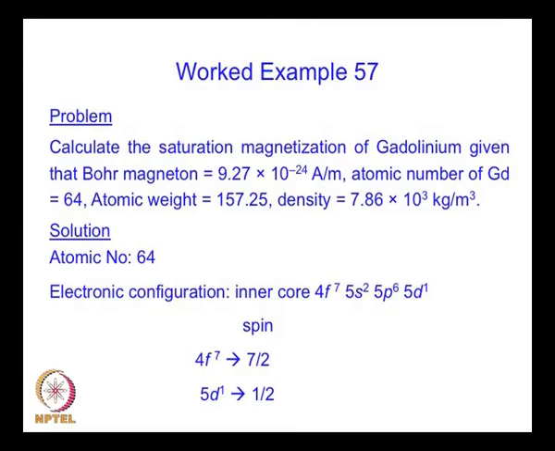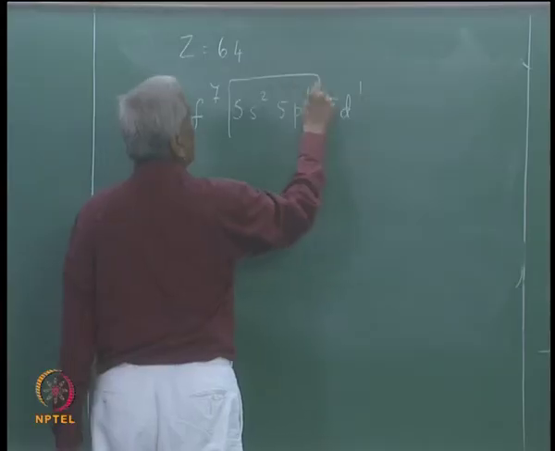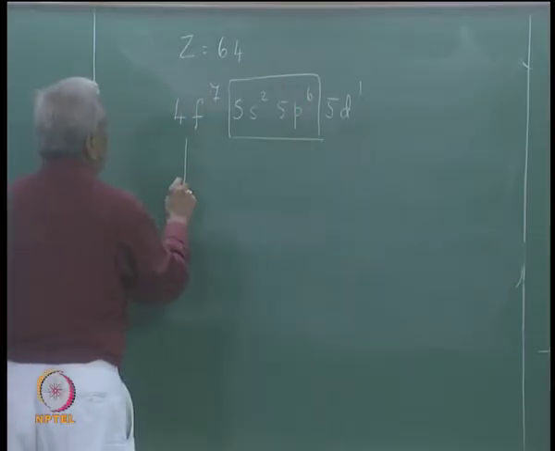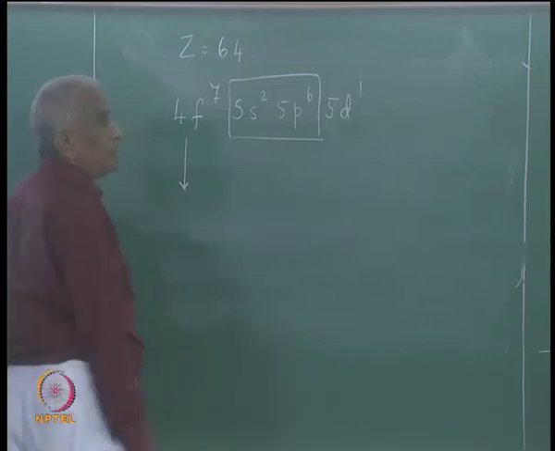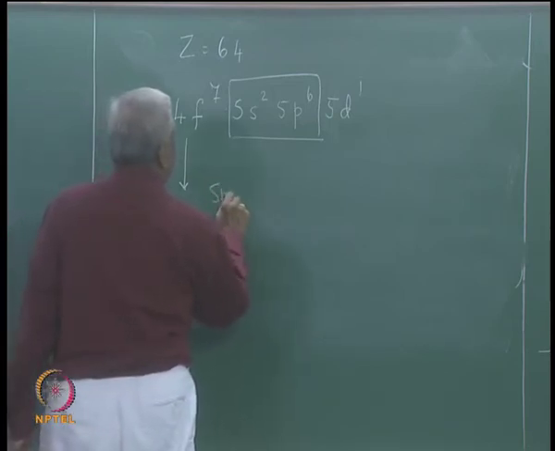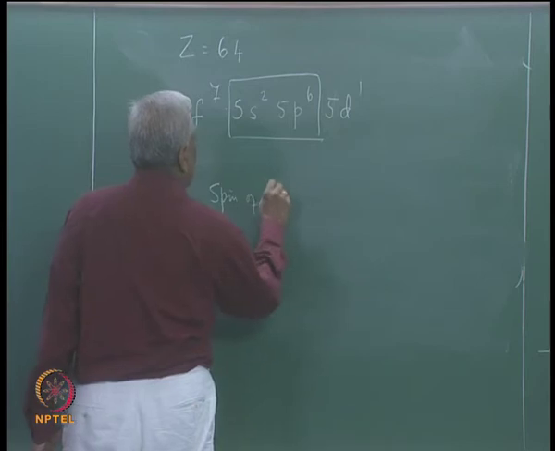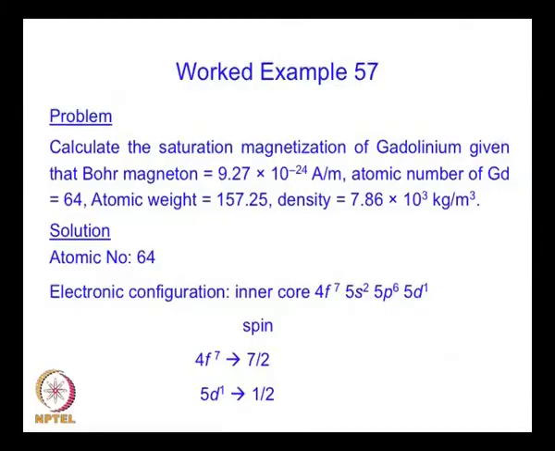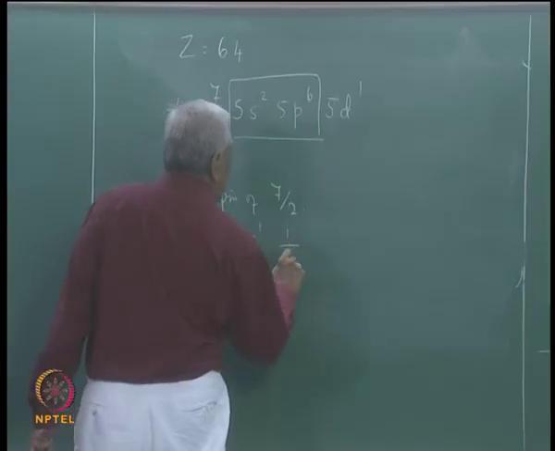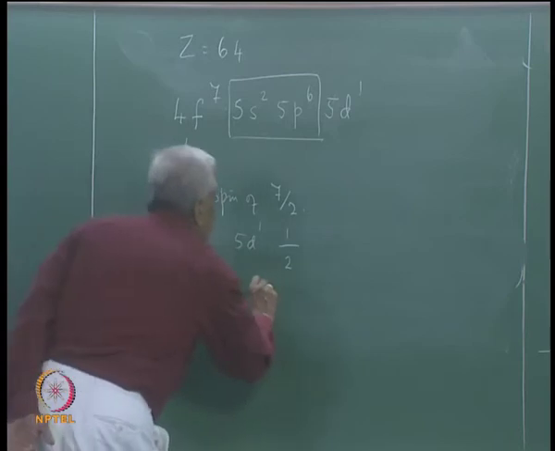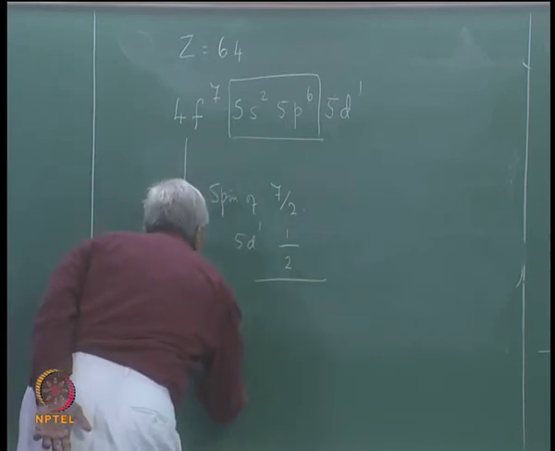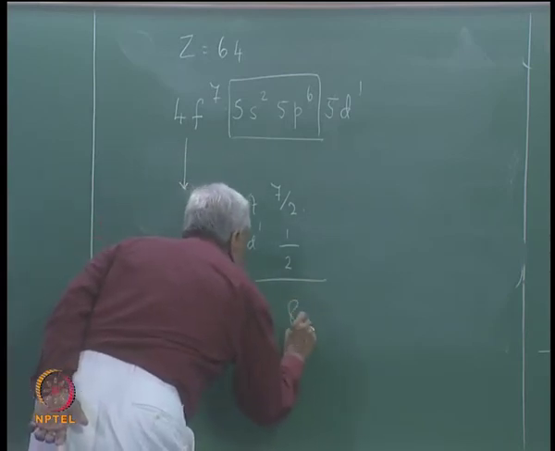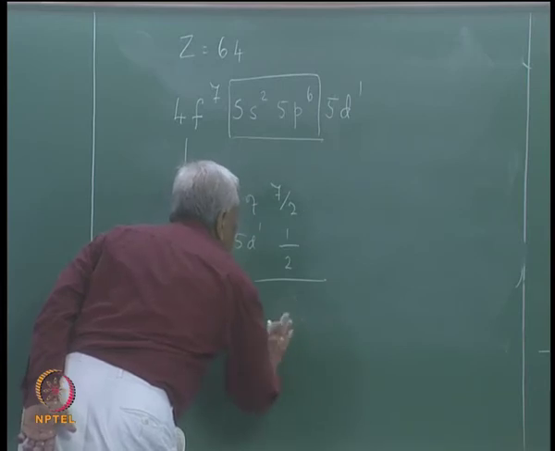The 5s2, 5p6 is also a closed shell. The 4f7 has a spin of 7/2 because there are 7 electrons in the 4f shell, and then there is a 5d1 electron which has a spin of half. So, the total spin is 8/2, which is 4.